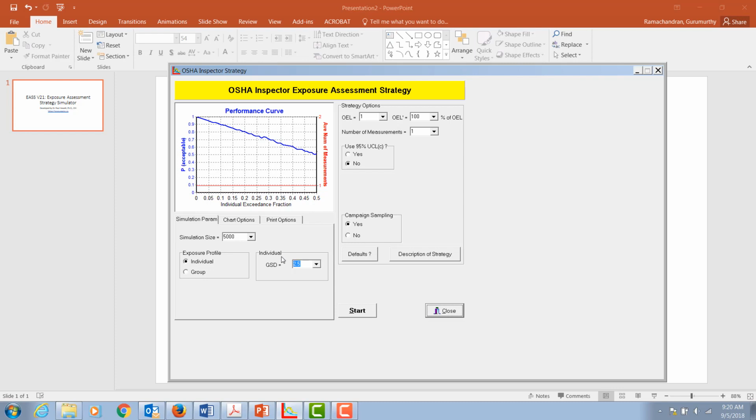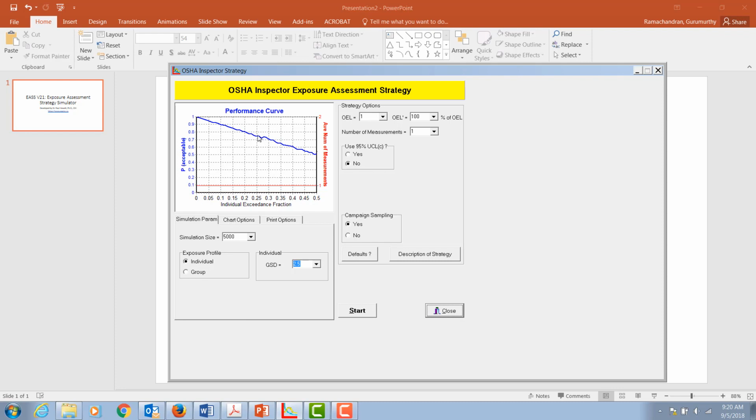And so, for example, if we look at on the x-axis an individual exceedance fraction of 0.25, meaning 25% of the exposures faced by a worker exceed the OEL, then we go to the curve and read off, and it basically shows somewhere around 75% of the time the strategy will deem an exposure to be acceptable.